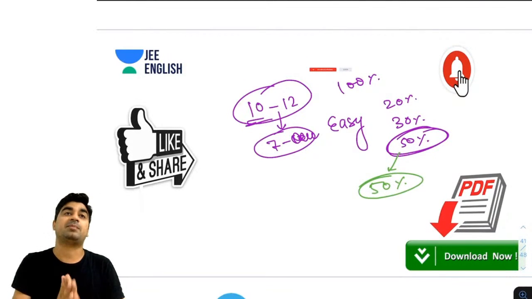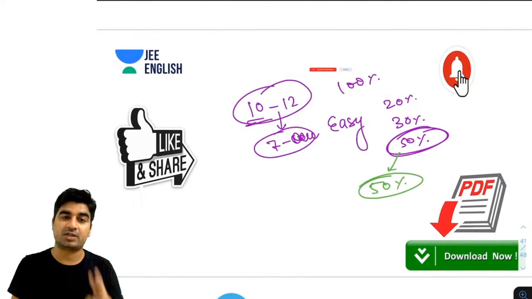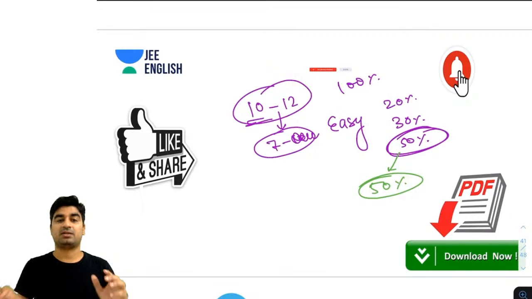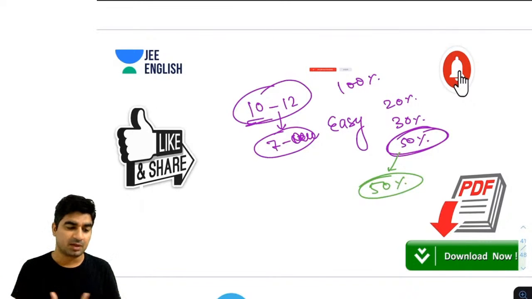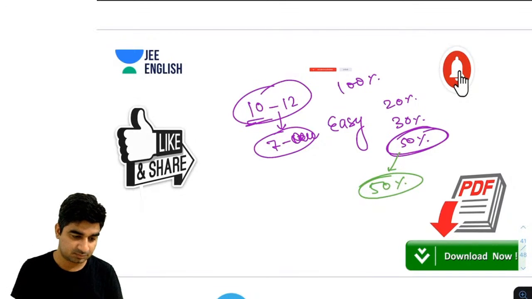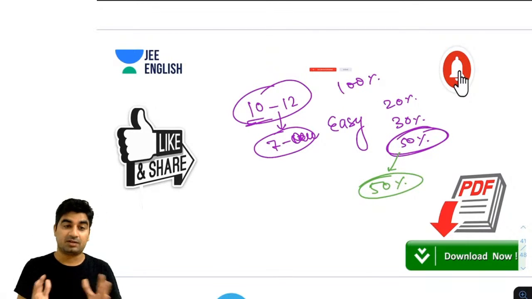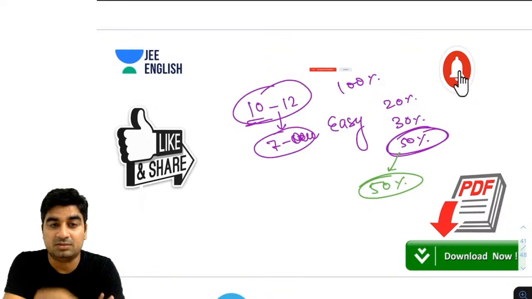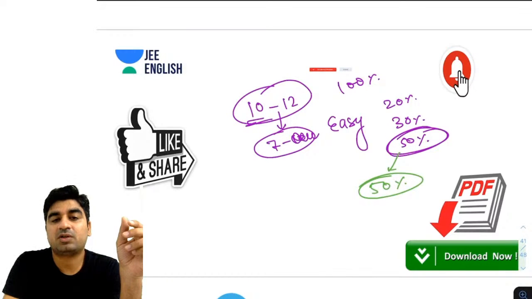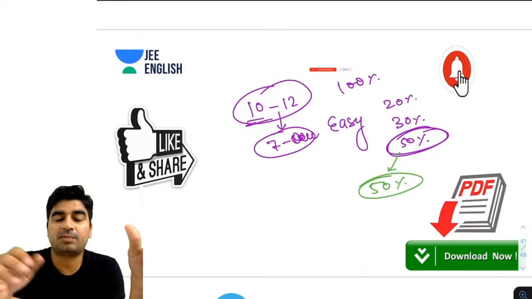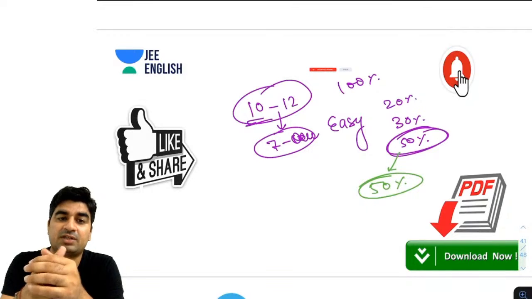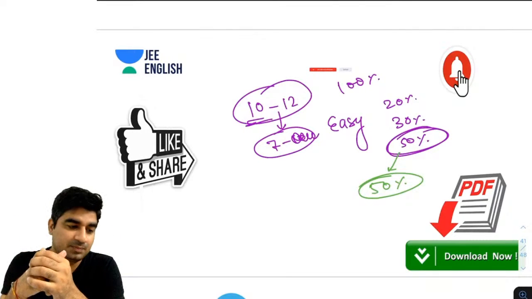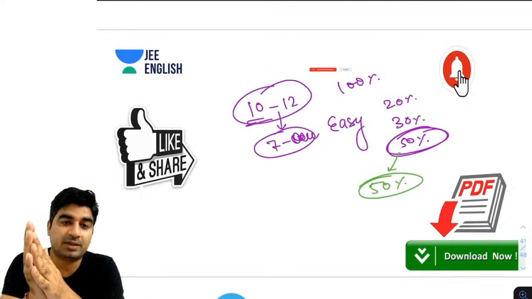If you want to develop paper temperament, there are two ways. I normally tell you in all my motivational lectures that there are two ways. Whenever you are doing your homework, your modules, DPPs or sheets, always do it like an exam and in a time-bound manner.